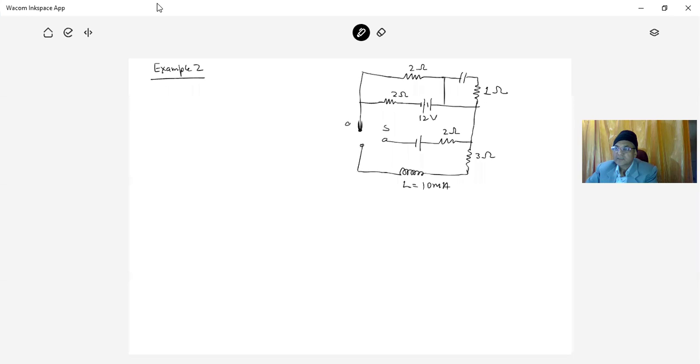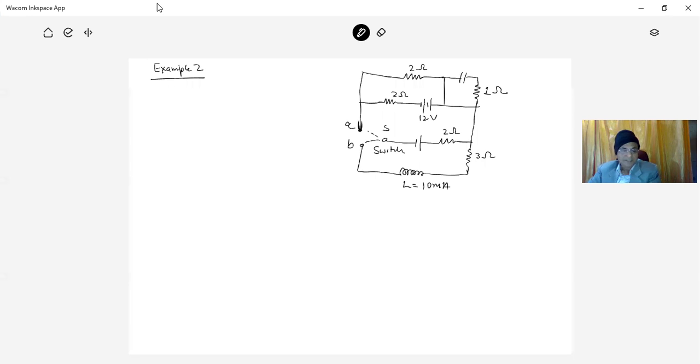This is S, this is point A, this is point B. So it may be connected as per requirement. This is the switch, and the switch is connected to A or to B.